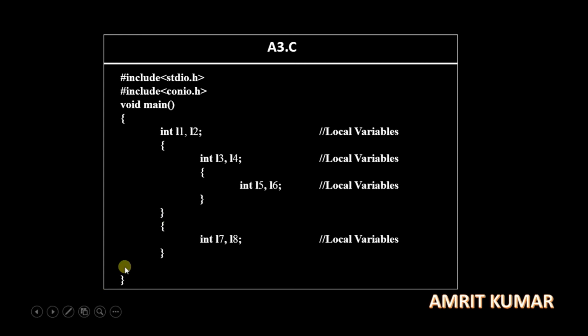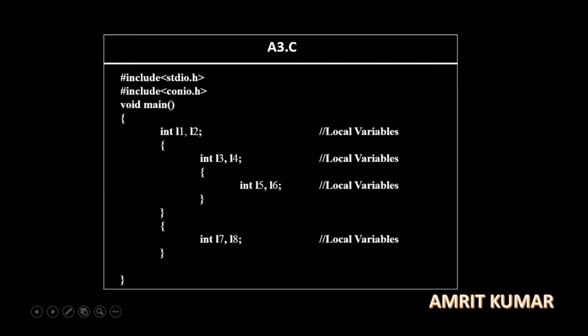So here we have studied that I have declared the variables I5 and I6 of integer type, and they are local variables. Okay. Now again I have opened and closed braces, and again I have declared I7 and I8 as variables of integer type. Again these are local variables, because we have opened and closed curly braces for them.